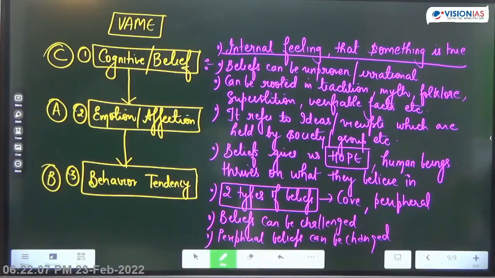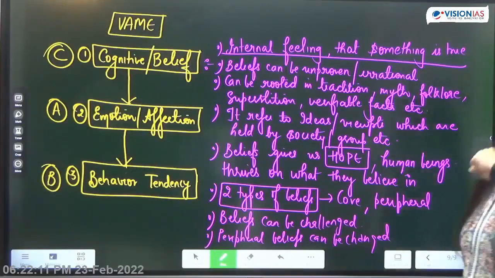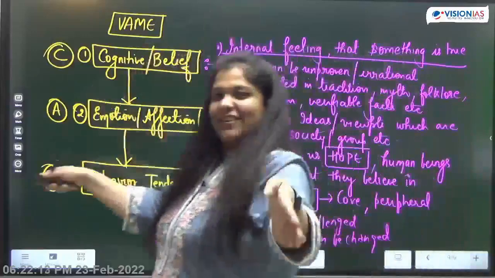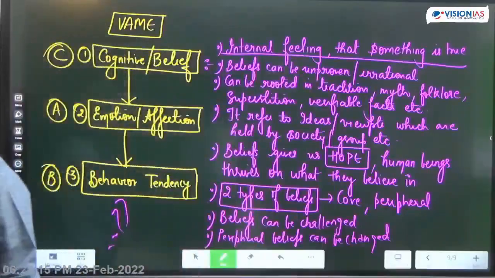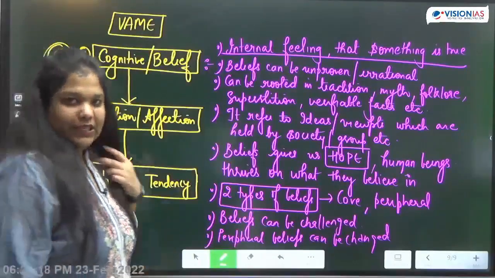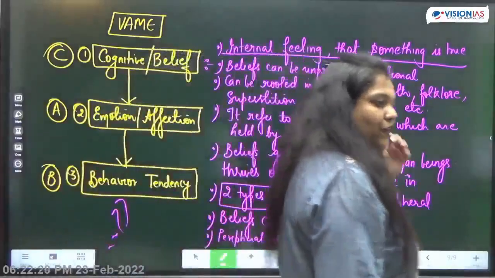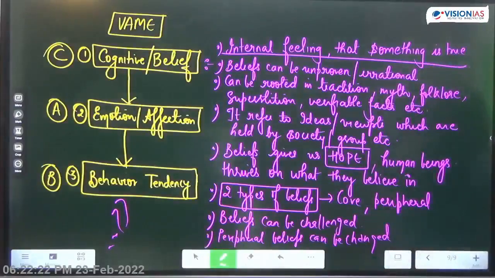However, there are two types of belief. One is your core belief. Other is the peripheral belief. Right? One is the core belief. Other is the peripheral belief. Right?